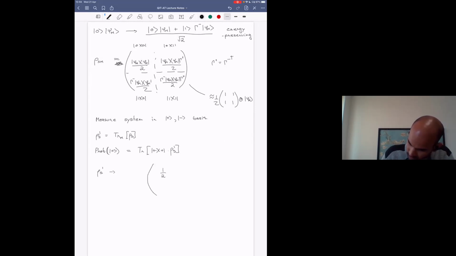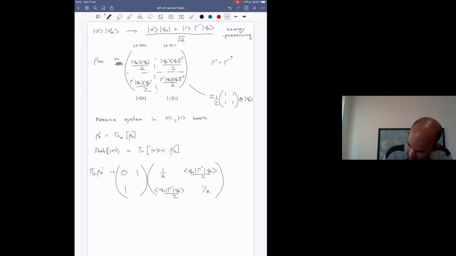This is just 1 over 2, psi m plus psi m, and psi m comma minus psi m, and the last is going to be over 2. This is rho system prime. And then if I multiply this by the projector on plus, that's just basically multiplying it by 0, 1.